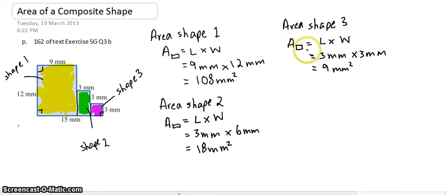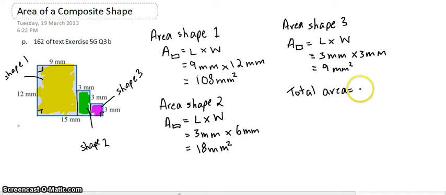So now I have indicated and communicated very clearly each of those 3 areas and what they equal. I've got my rules, my number sentences and my answers. So my final step is to show and calculate the total area.